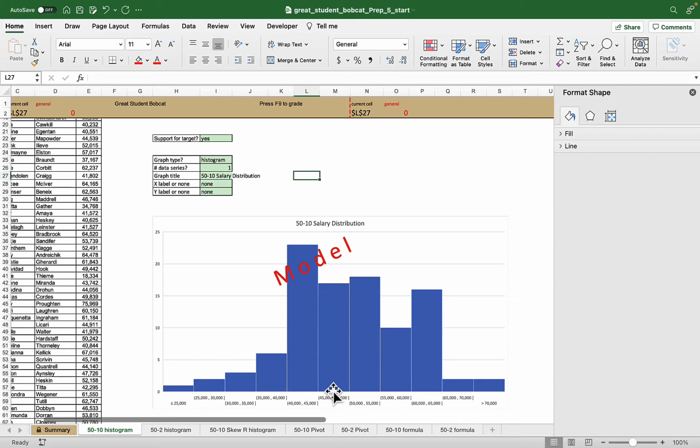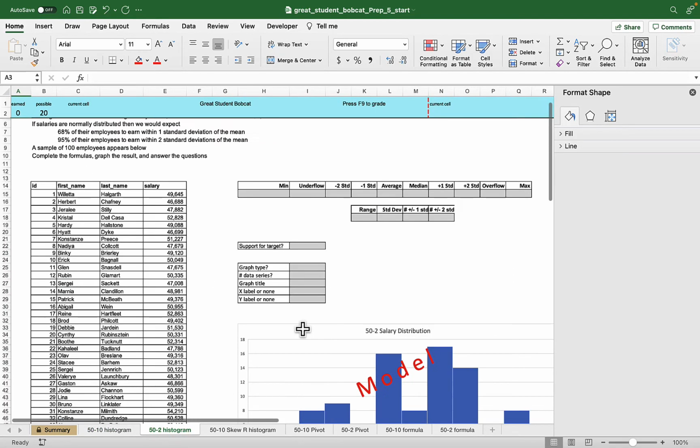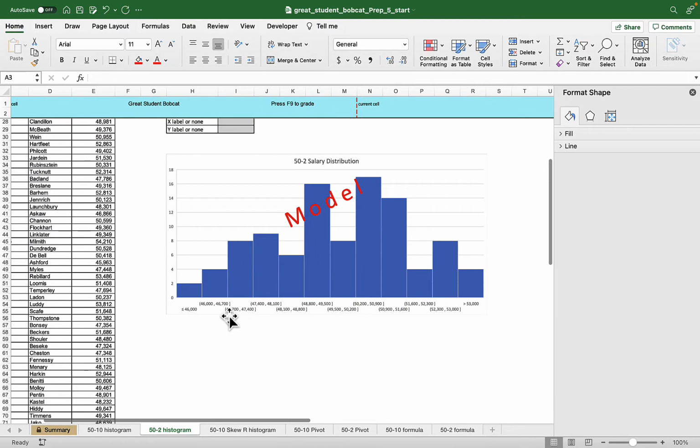So now let's look at, and the reason I mention that is because what if you went to work for an organization that had a smaller spread in salaries? In other words, everyone's clumped in tighter to the middle. And that would be a 52 histogram because the standard deviation would be less, so everything comes in more. And you can see that here in the salaries, right? Everyone's earning between 46,000 and 51,000.